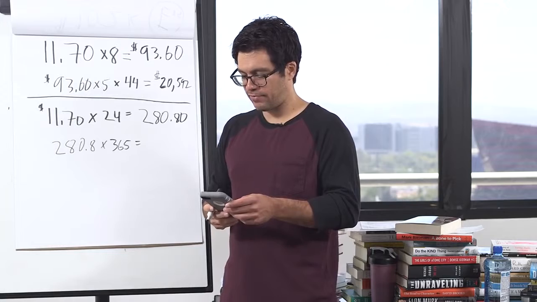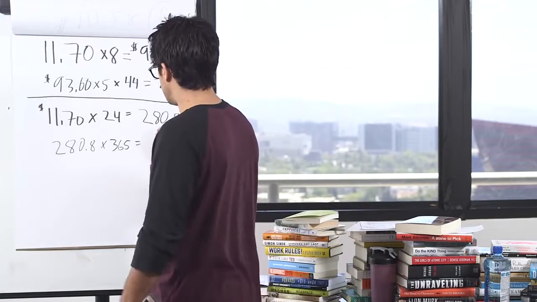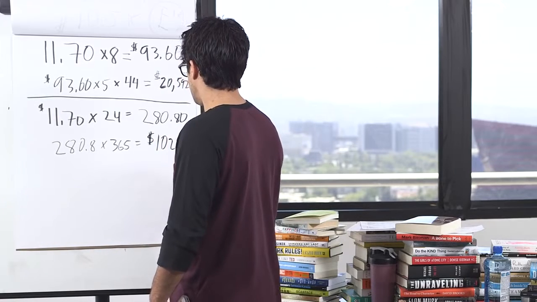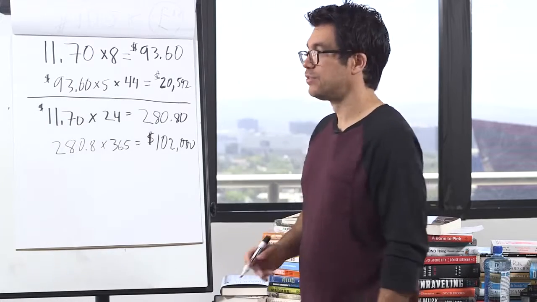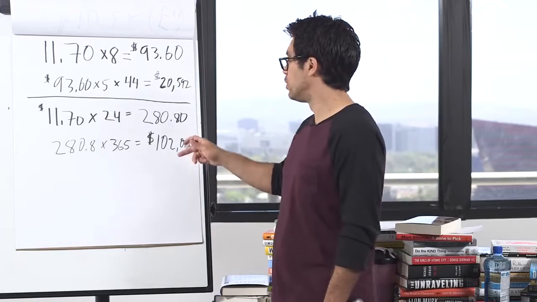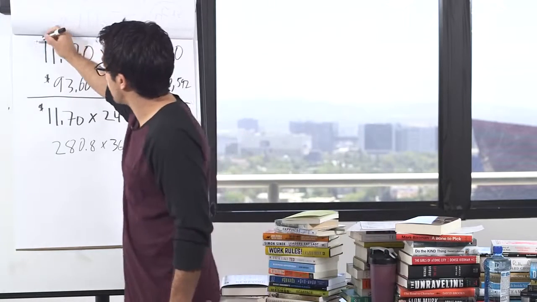Times 365 is right around $102,000 a year. Which reality do you want to live in? $20,000 a year or $102,000 a year? Remember, it's still only making 11 bucks an hour.